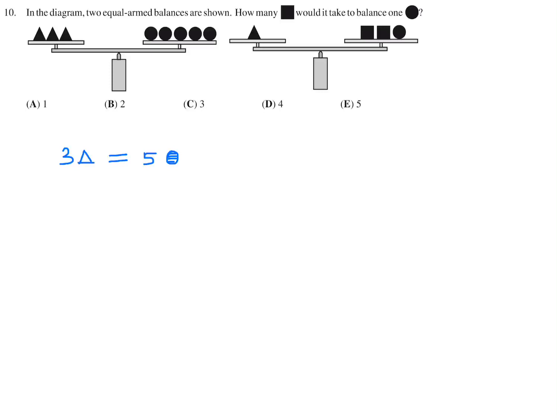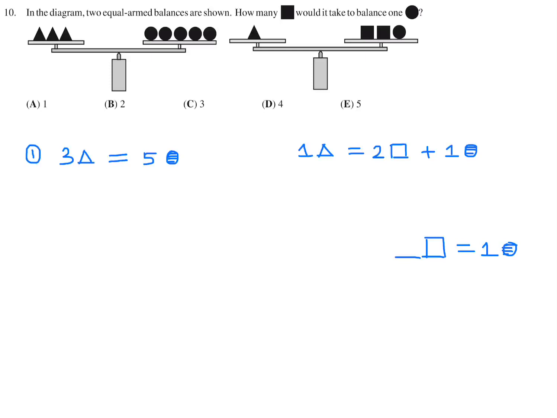In the second one, you get 1 triangle is equal to 2 squares plus 1 circle. And they want you to figure out how many squares equals 1 circle. All right. So since they want you to figure out something with squares and circles, we don't need the triangles in terms of our final answer.